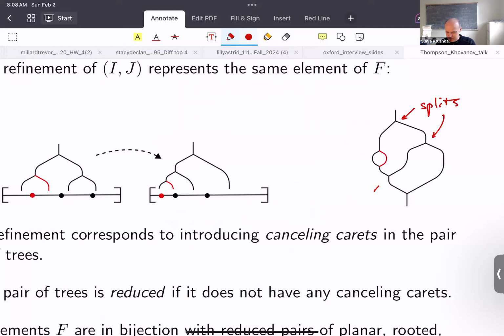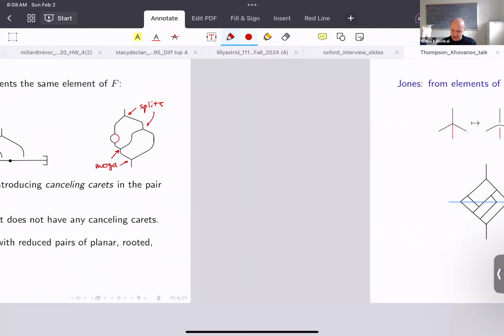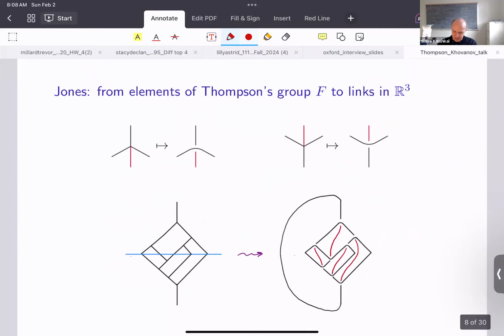And then there are merges where two strands of a tree come together. The construction is that whenever you have a split, like on the upper left part of the picture, you add a new edge, which is drawn red. You get a 4-valent vertex, and then you represent the crossing in the following way, so that the horizontal strand is always on top and the vertical strand is behind it.